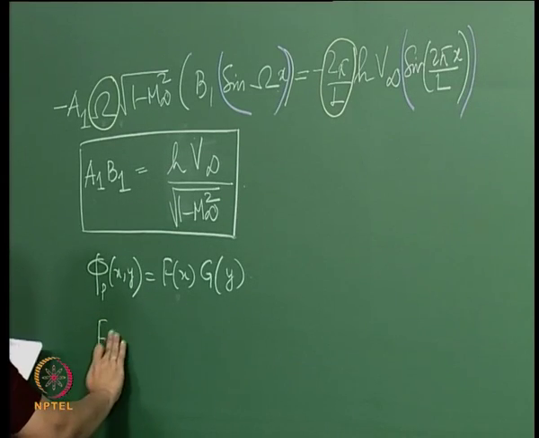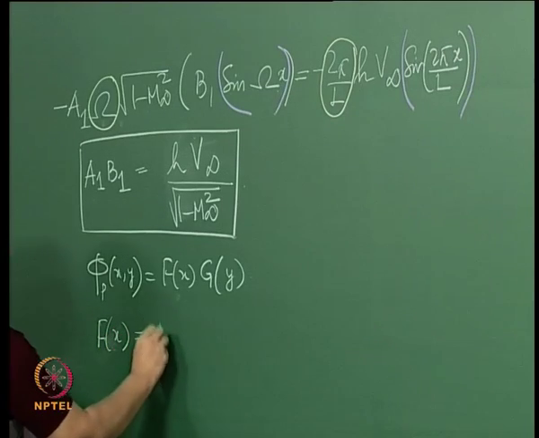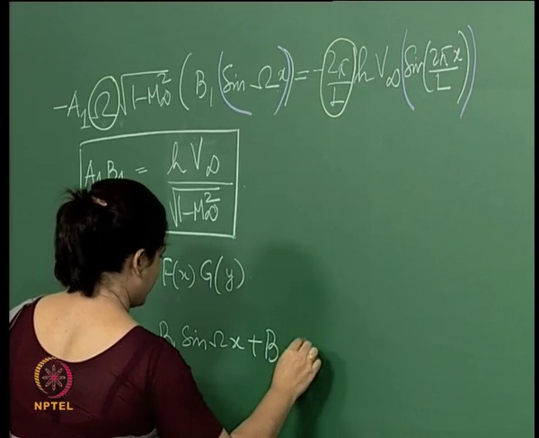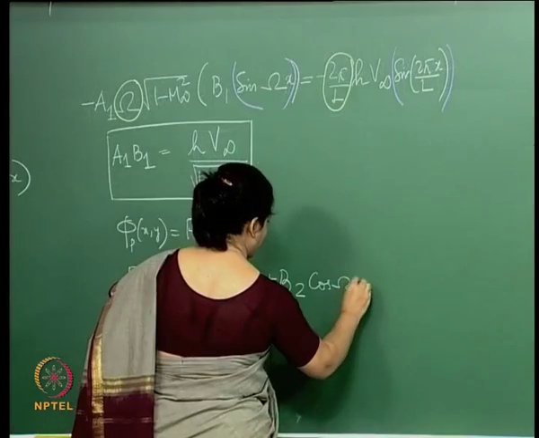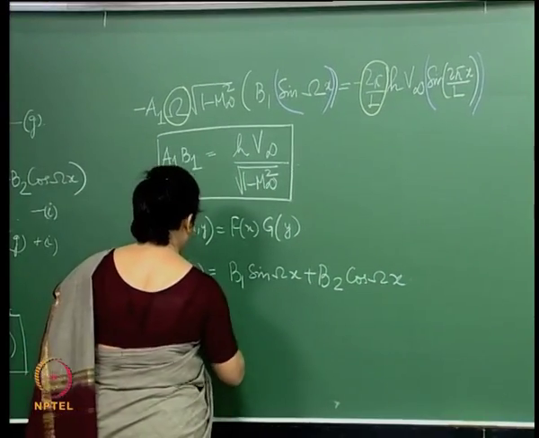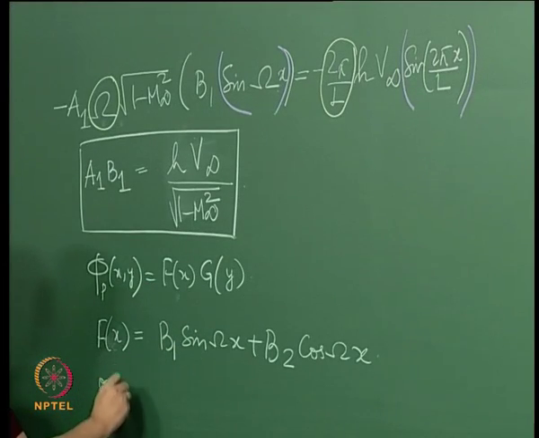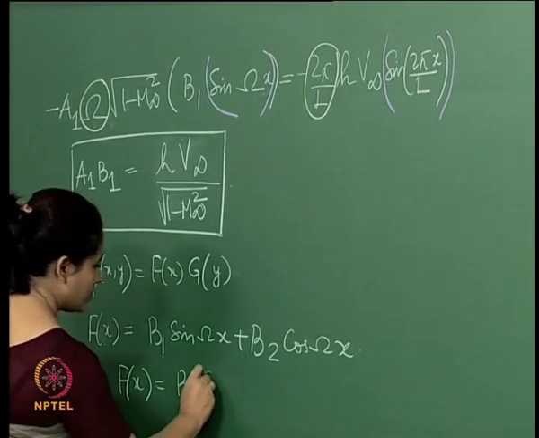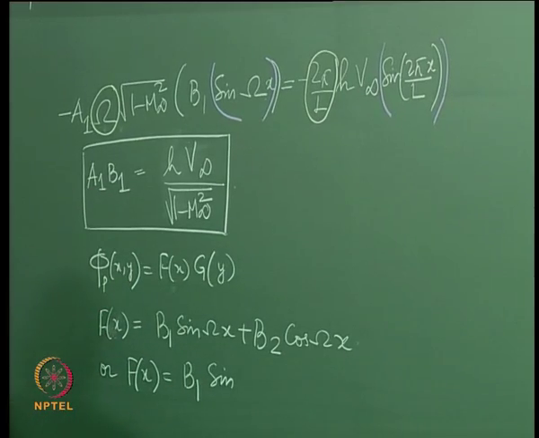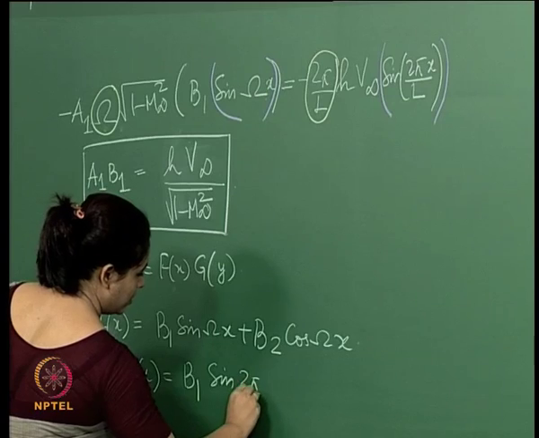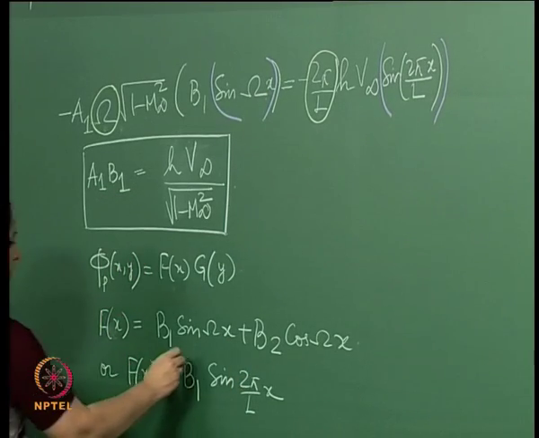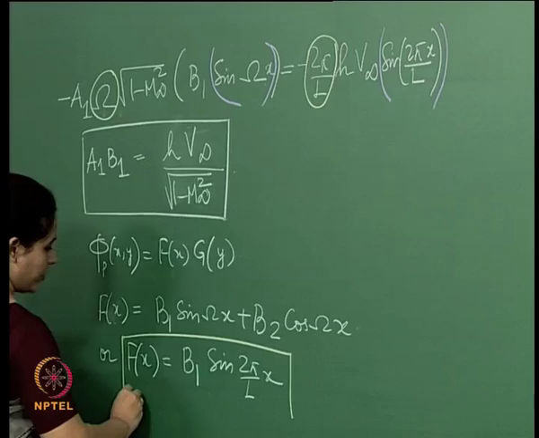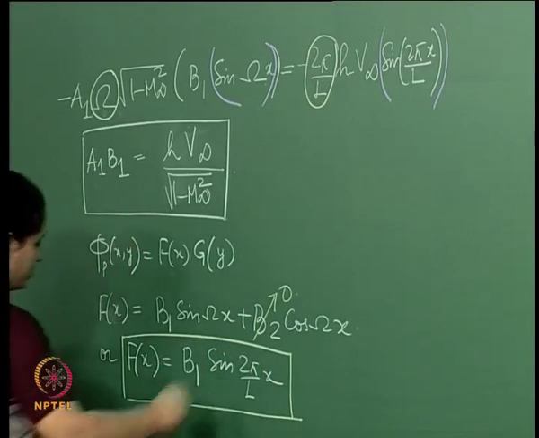We had written fx to be this. Now this fx becomes, with omega equal to 2 pi by L, this, because we found that b2 is 0.